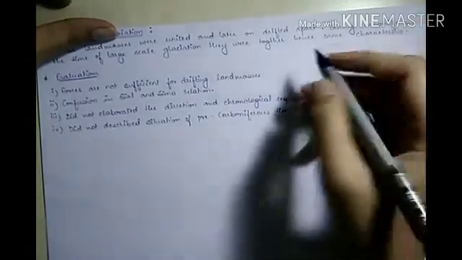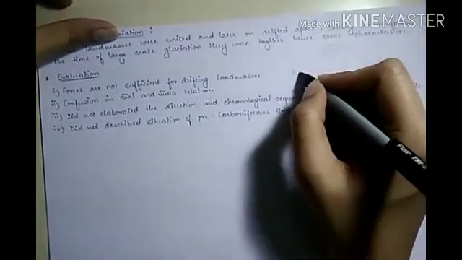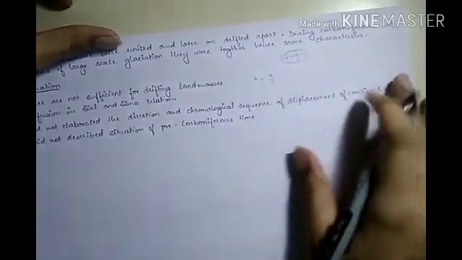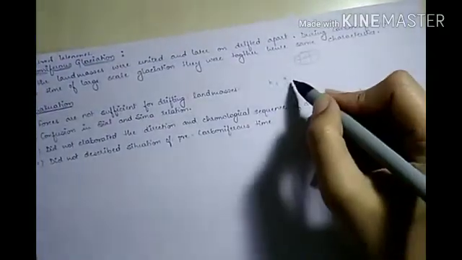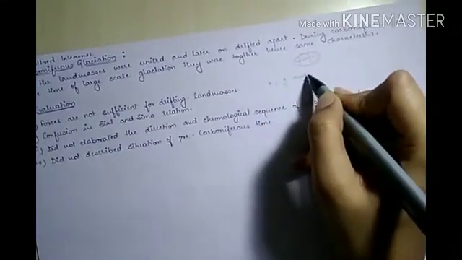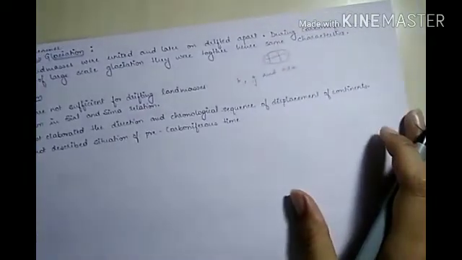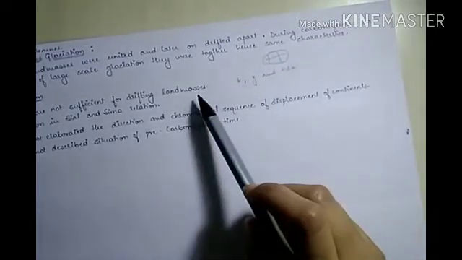He actually said that forces like the gravitational differential force, buoyancy force, and tidal force, the tidal force of the sun and moon, drifted the landmasses. Okay, so these forces are not sufficient for drifting a landmass.